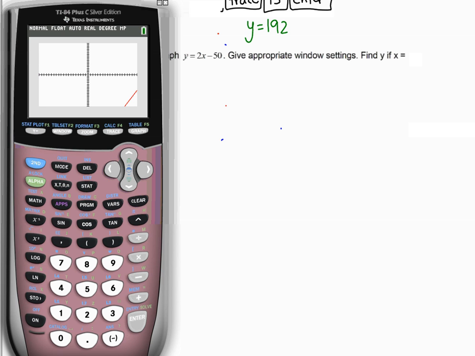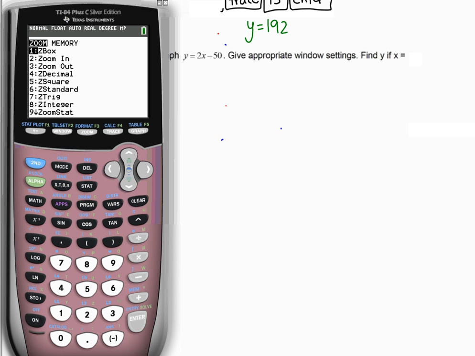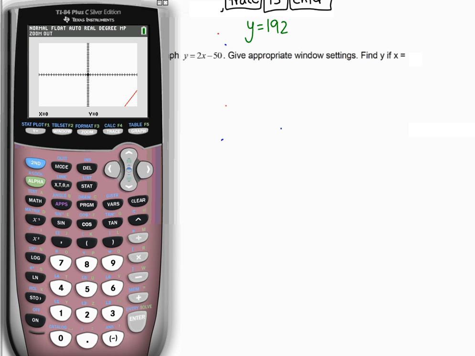Okay, because of our last window settings, you might be able to still see something. Did yours look like that? Yeah, so we still need to zoom out. So you can either go to the windows and change them yourself, or push zoom 3 for zoom out. Nothing happens because you have to push enter. Okay?